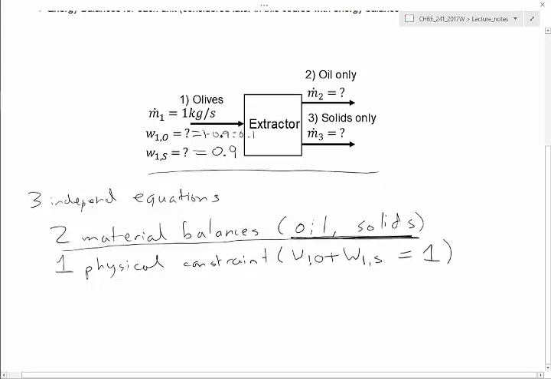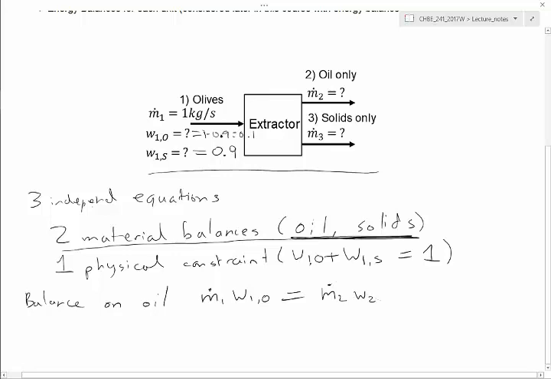And so our balance on oil is the flow in stream 1 times the weight fraction of oil, being equal to M2, and that's oil only in that stream.